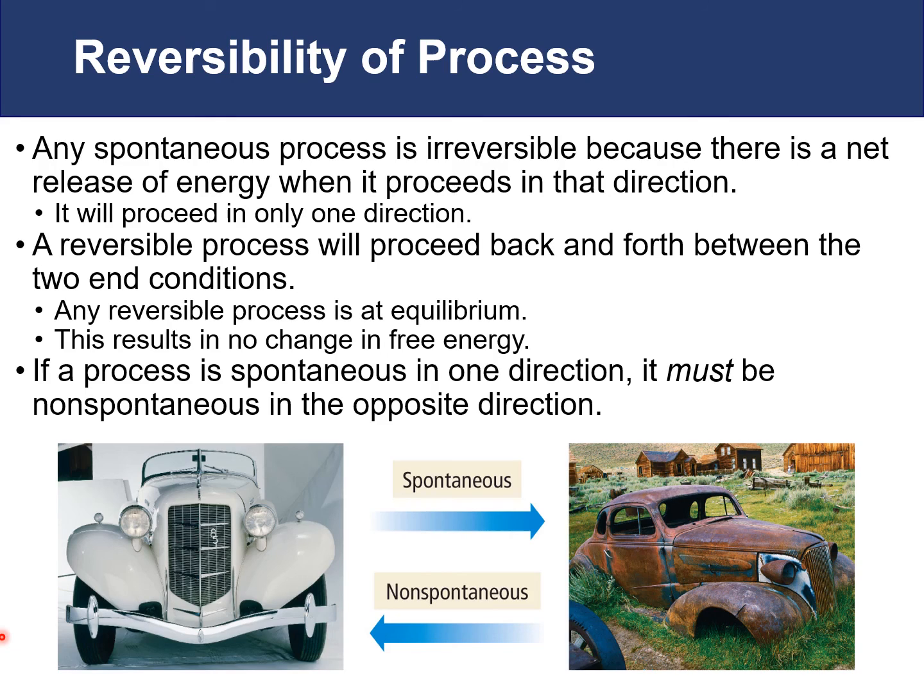So a couple examples that we can think about is, let's say you have a fancy showroom car and you leave it in a field for a decade or two. It will eventually rust. So the rusting process is a spontaneous process. You don't need to put any external energy into it. It will occur. Now, a spontaneous process does not say how fast the process will occur.